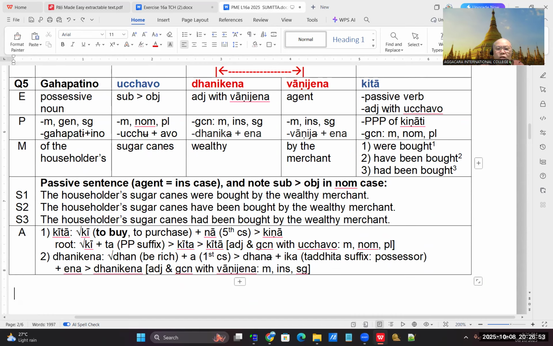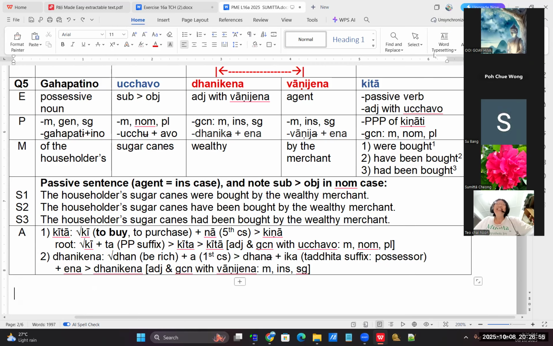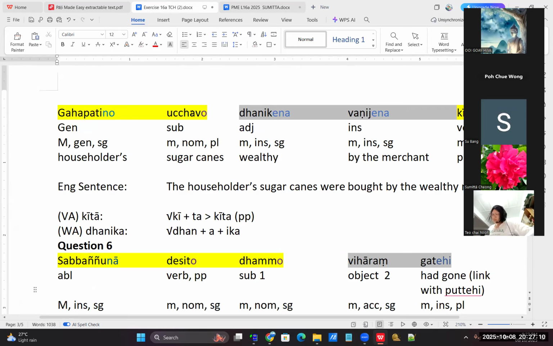Sumita, no need to show this already. Ki and ta is okay. The na is needed when you're showing the present tense, ki and na. So just ki and ta is enough, no need to show extra things. Ki plus ta, kita. It's very easy and straightforward.